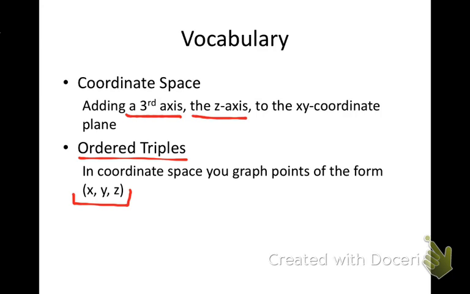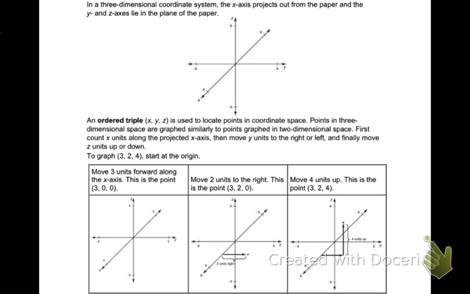All right. Next one here. Here's an example of what we're going to be doing today in the coordinate space. Now, I do have a better diagram of this one later. But here's the coordinate space, x, y, z. And when I look to graph, I'm going to graph the point 3, 2, 4. We're going to talk about using descriptions.